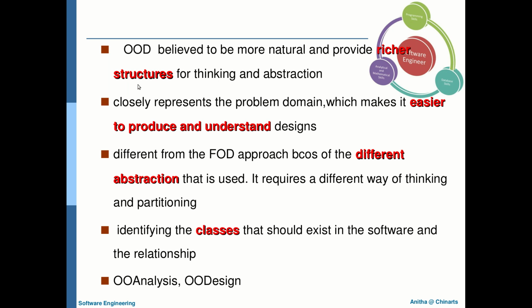Not only that, it provides lots of structures for defining abstractions. Also, the object oriented design closely represents the problem domain, because it is used for representing real-time entities, and most problem domains have real-time entities. So you can use object-oriented design to represent the problem domain easily, and you can easily understand the problem domain using it also.